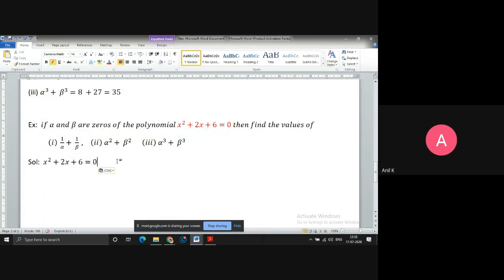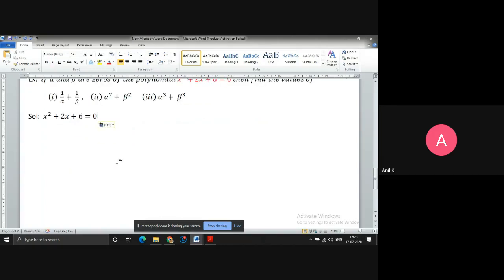Now, can I use the splitting the middle term here, and can I find what is alpha value and beta value? If I want to use the splitting the middle term, the constant term is 6, and the x square coefficient is 1. So I'll get it as 6, 6 into 1 is 6. I have to find two factors of 6 whose sum must be 2.